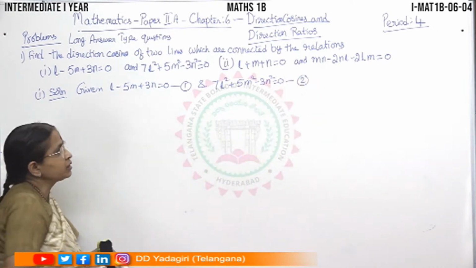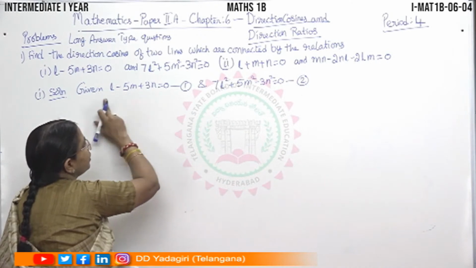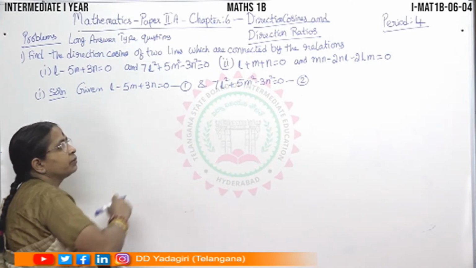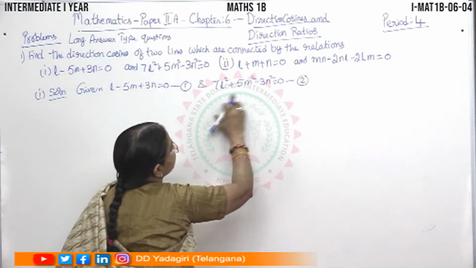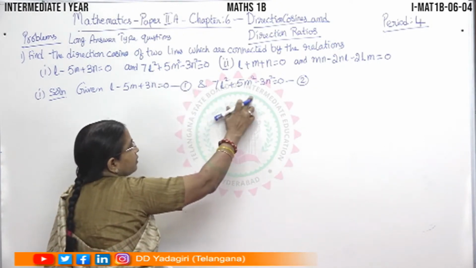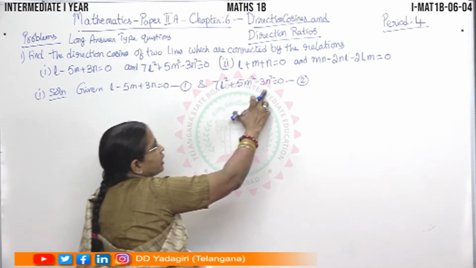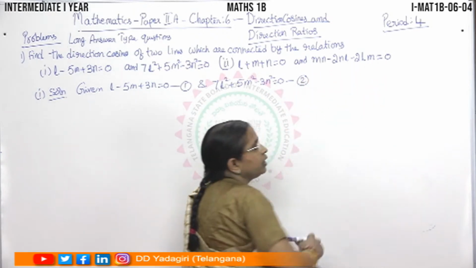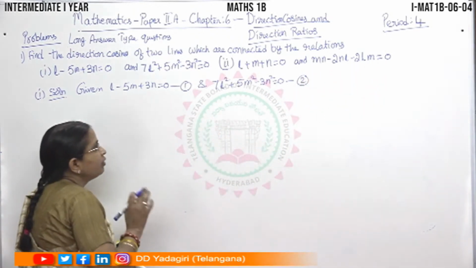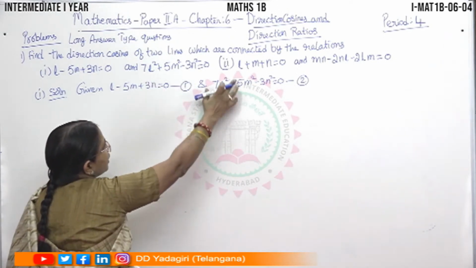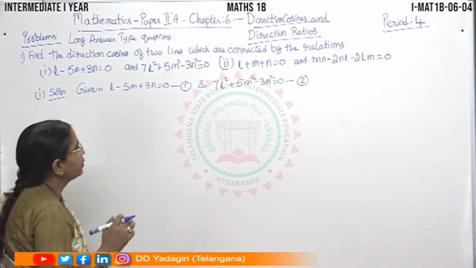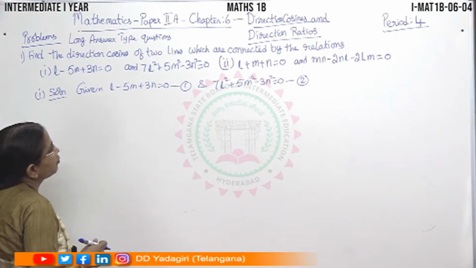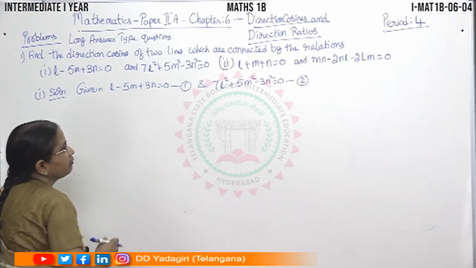Now always one equation will be first degree like this in l, m, n, and the second equation will be in second degree, l square, m square, n square, or lm, mn, ln equation like this. So we'll do one problem of this type and another problem of that type in the next problem.